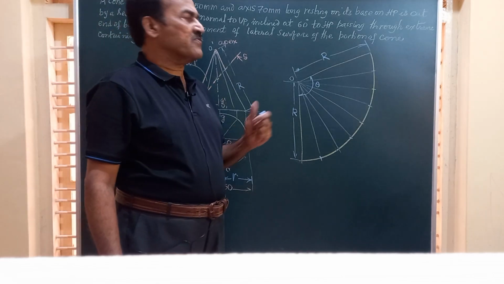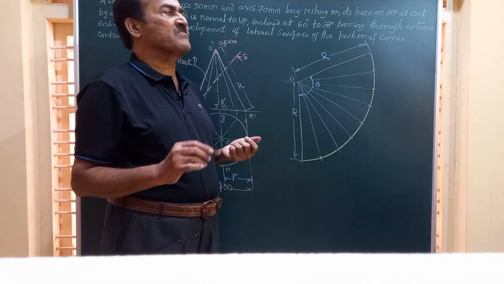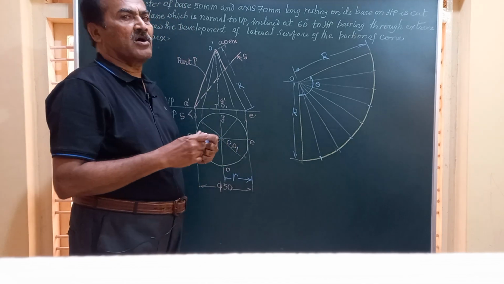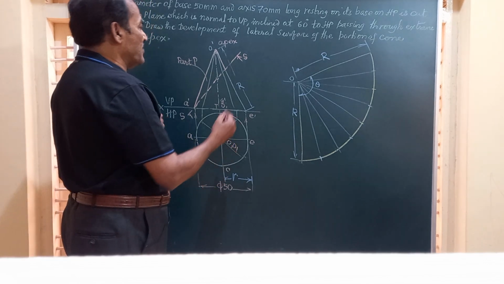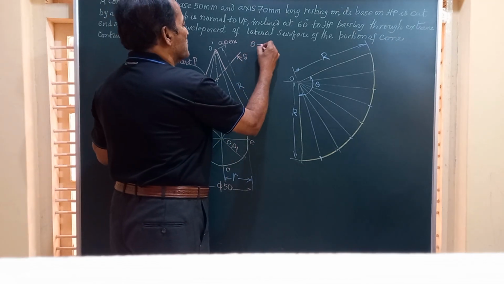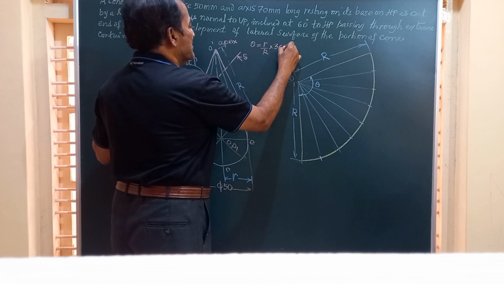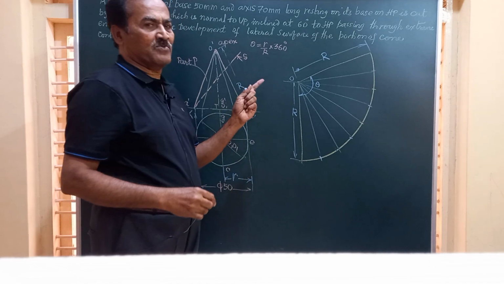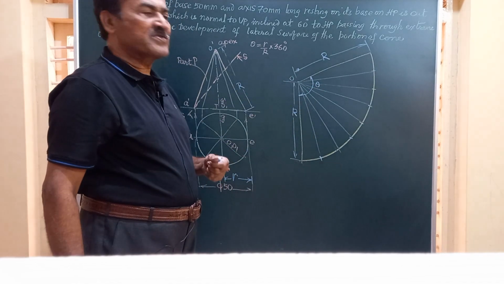Friends, after placing the object and after showing the section plane, the next step involves calculation of the sector angle theta given by the formula theta is equal to small r by capital R into 360. Without remembering this formula, nobody can proceed ahead with the development of the solid.